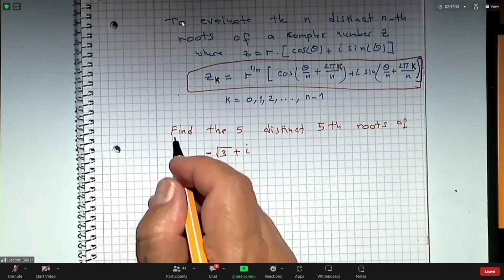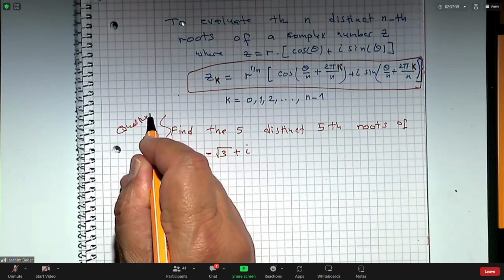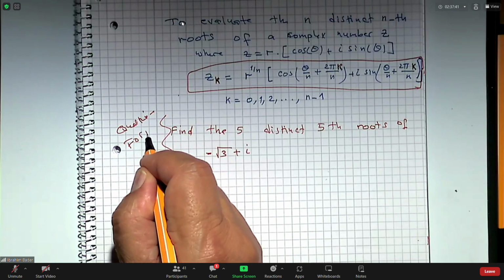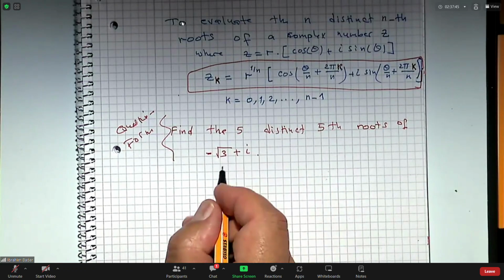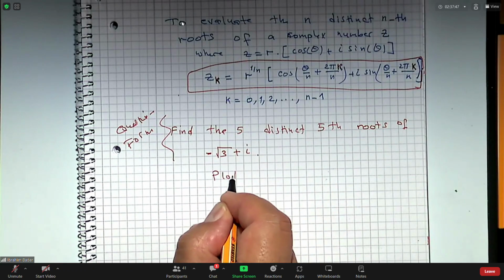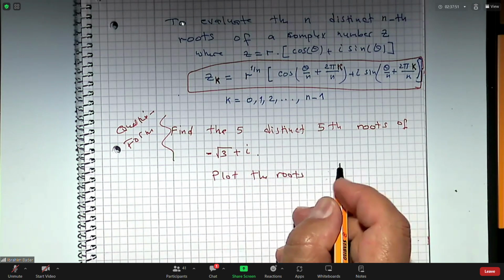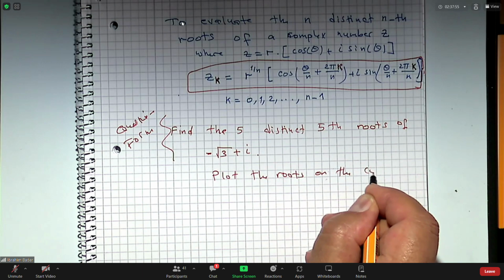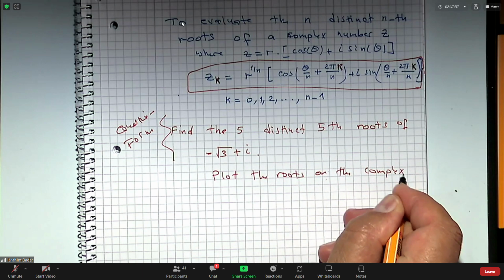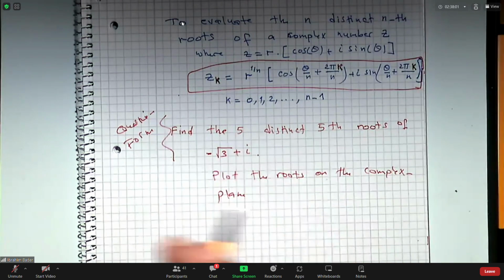Okay, so this is the question form, yeah? And then the question may go further, and say, plot the roots on the complex plane, the XY plane.